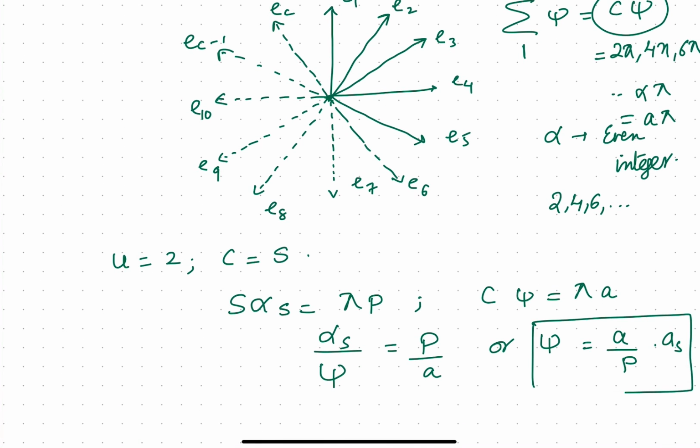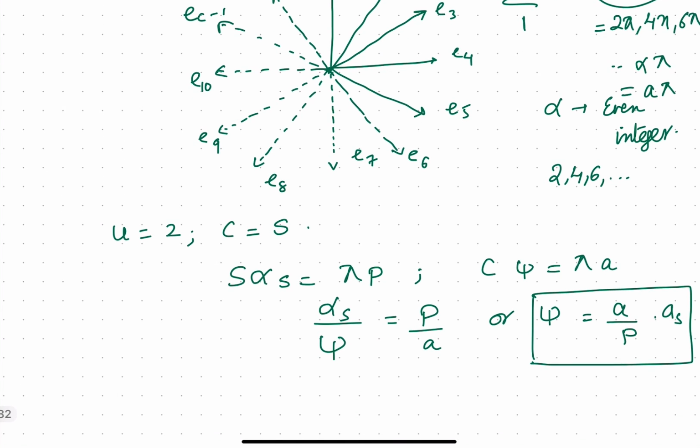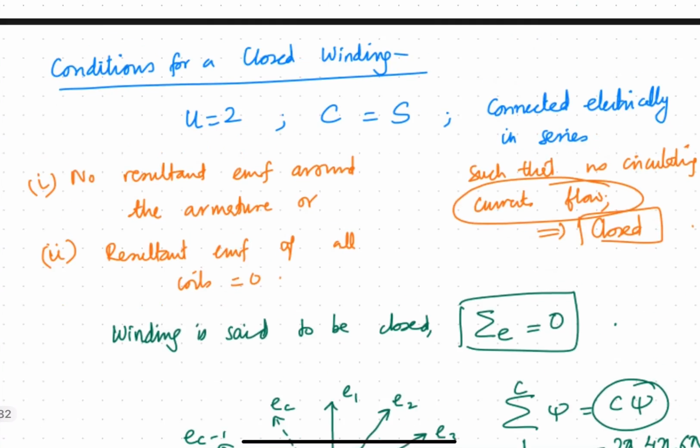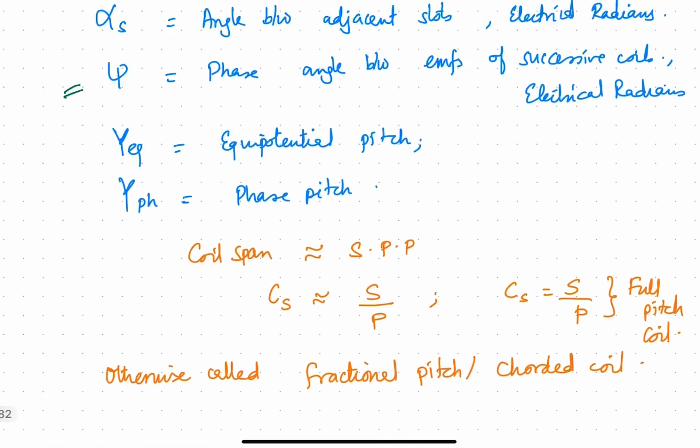So this is the equation or the relation for the winding to be closed. You can find out the value of the phase angle psi if you know this value alpha, which is an even integer. Let me go back and check what we have defined.